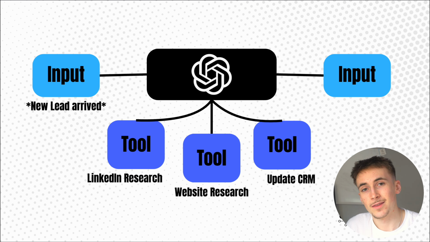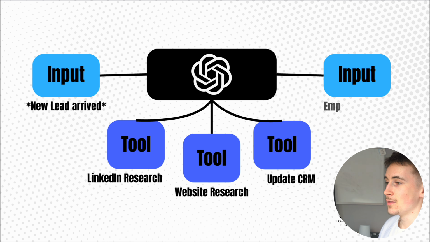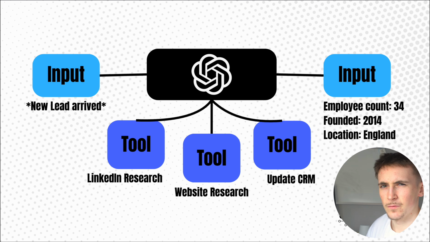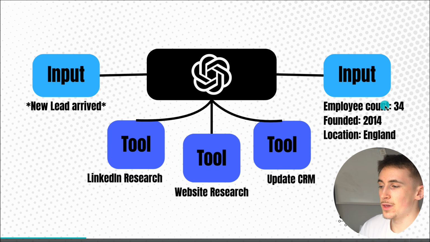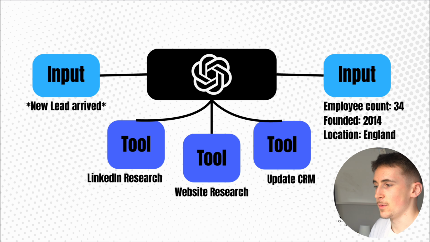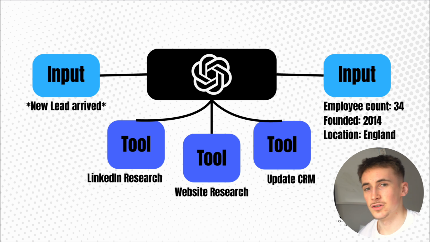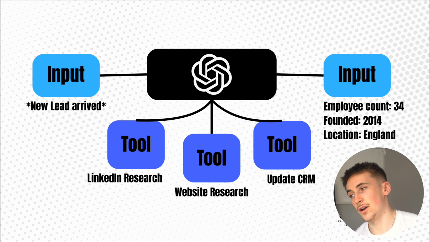We would have told the AI agent that in the prompt. And then the output, that's meant to say output, says input for some reason, would be something like employee count, founded, location, obviously their LinkedIn information and some of their website information maybe. And then maybe even the agent just saying to you, hey, I've updated the CRM. So that's a really, really basic example of an AI agent.